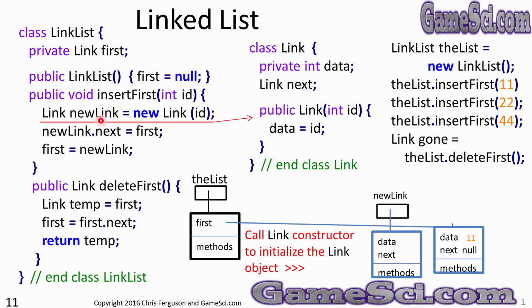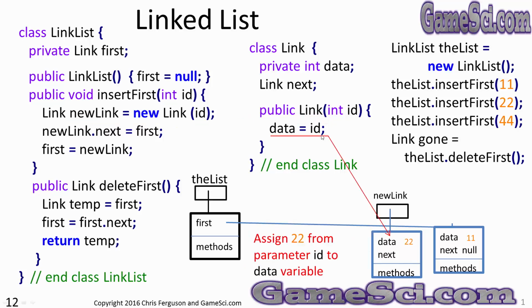So I created a new link variable and I assigned it a link object, and I call the link constructor to initialize its variables. And the link constructor takes that 22 that was passed to insert first, that 22 right there was passed here, then passed over here, and now ended up here inside the new link object. We assign to the data variable the value 22.